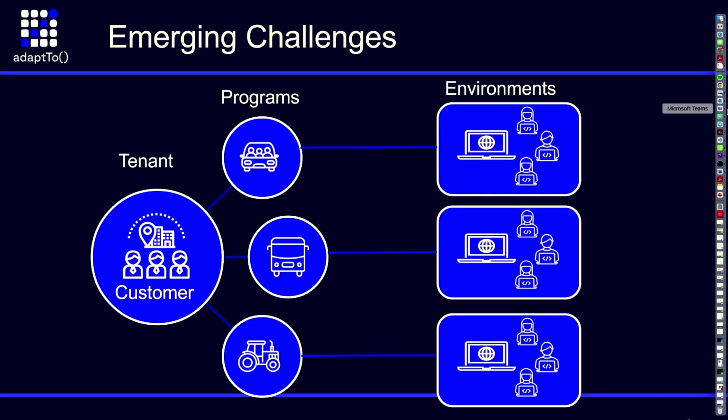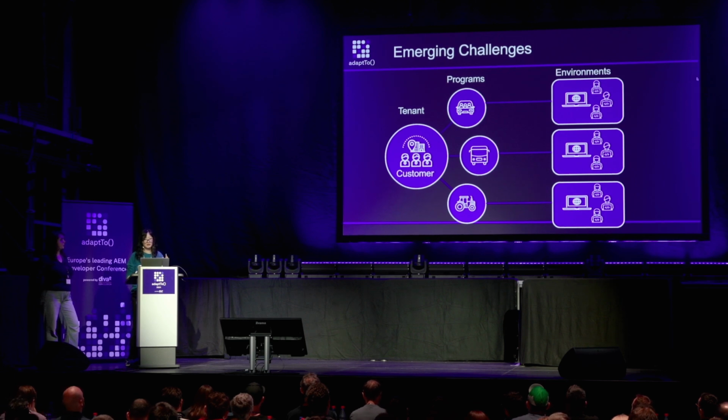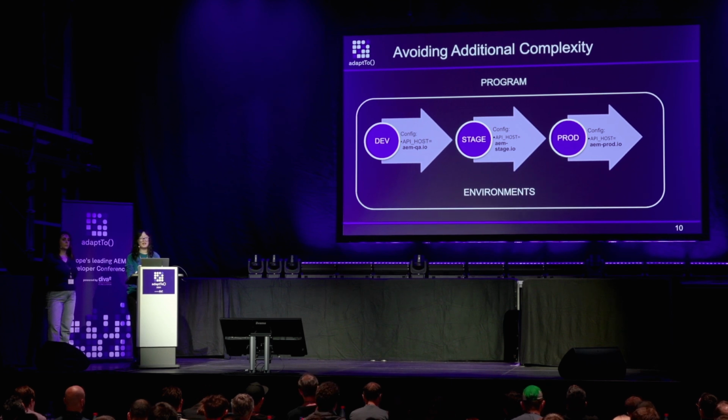For obvious reasons, that's not really ideal, because customers want to be able to wall off extensions in their different programs. In addition, App Builder has no awareness of AEM environments, so it's not possible to set different values for different AEM environments without redeploying.